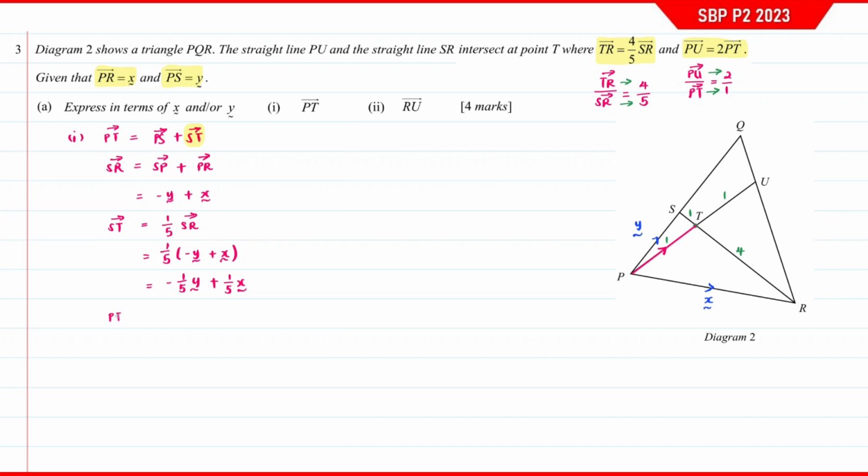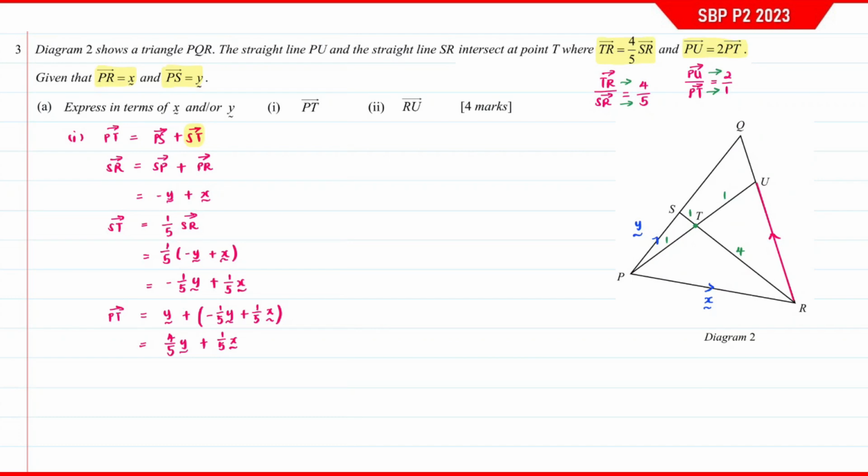Now we can find the vector PT. It will be equal to Y plus negative 1 over 5Y plus 1 over 5X. So here we get 4 over 5Y plus 1 over 5X.